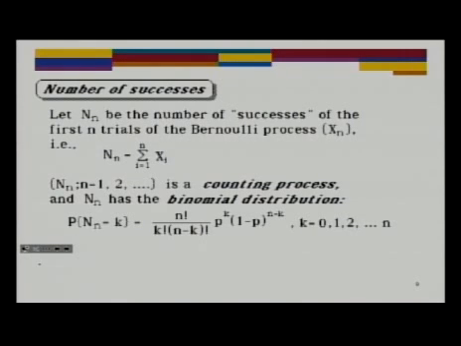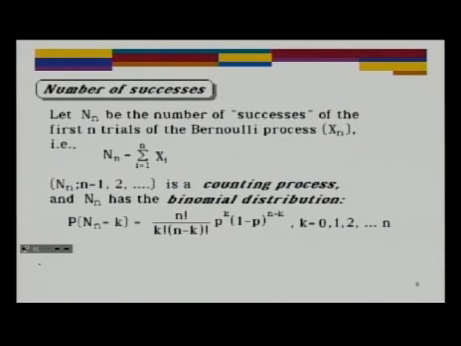And the probability mass function of a binomial random variable has two parameters, like I said, which are n and p. So in summary, suppose that there is a probability of being a success, which is p, on any single trial.